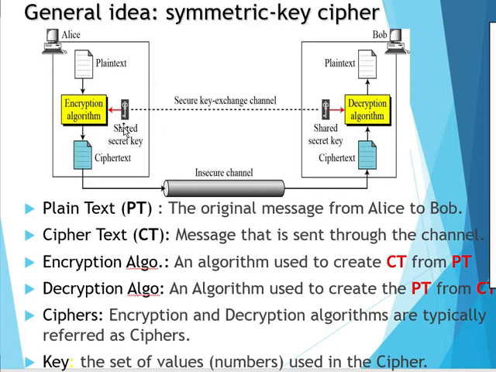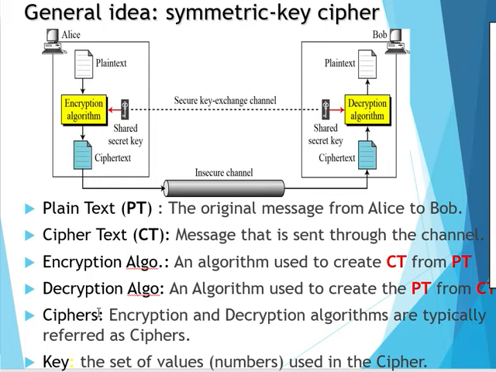If P is the plaintext, C is the ciphertext, or we can say CT is the ciphertext and PT is the plaintext, and K is the key, then the encryption algorithm is E_K(x), where K is for key, E for encryption, and x is the value or message.